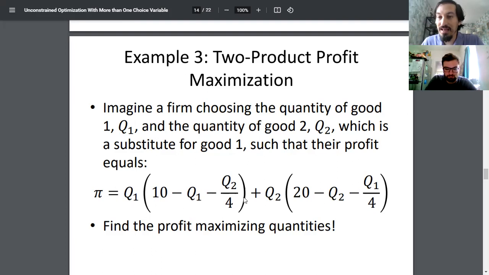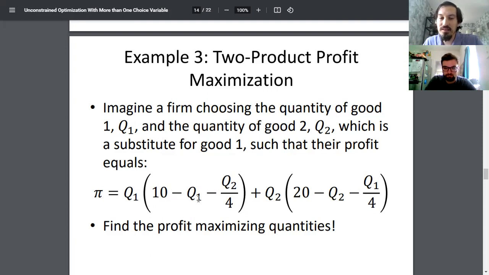The reason I'm assuming they have some market power is because Q1 appears in this parentheses. In other words, they're not a price taker. They have some control over what the price is in this market. And the highest price they could possibly charge is given by this 10 minus Q1 minus Q2 over 4.